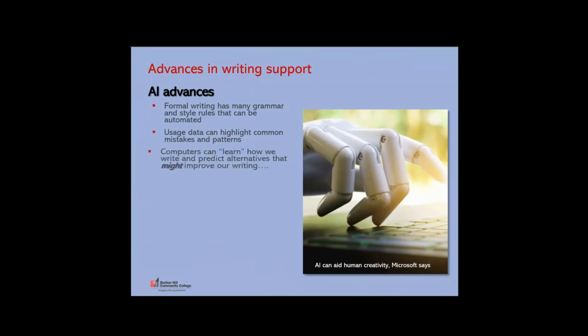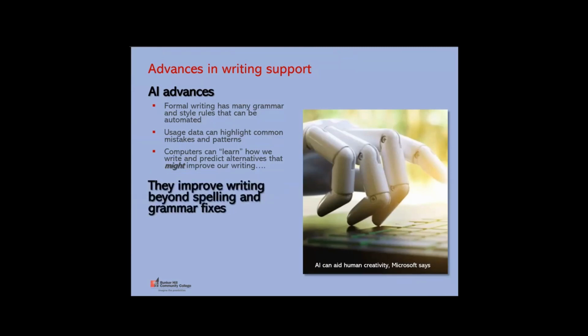And then finally, computers can learn how we write and predict alternatives that might improve our writing. I want to focus on the word might here because you're in control of your own writing, and you can choose whether to accept or reject any of these suggestions that Microsoft Word or Google Docs provides for you. So keep that in mind.